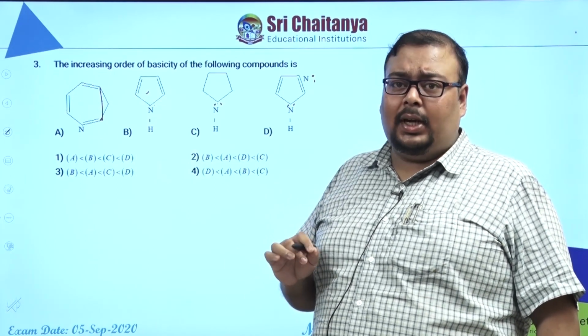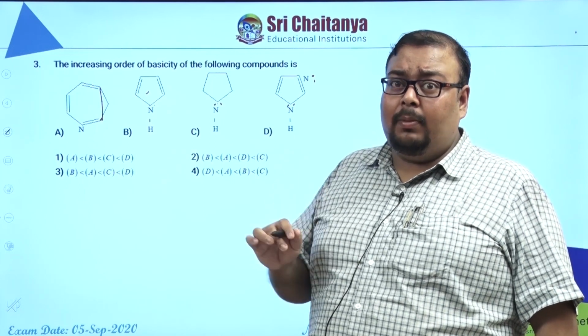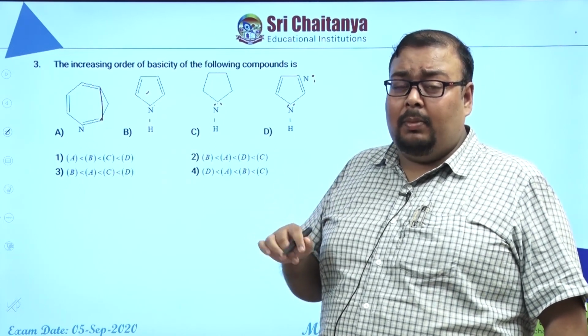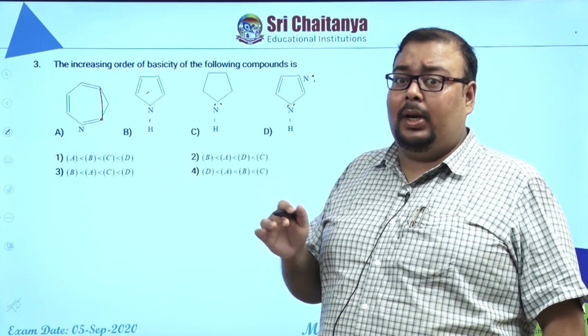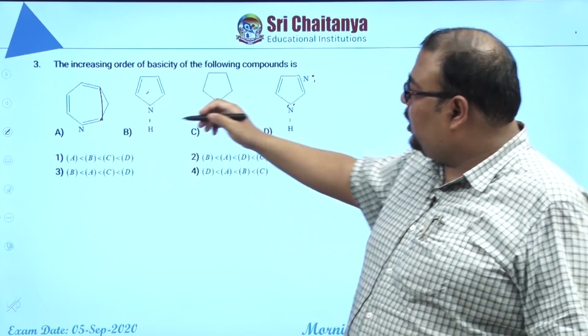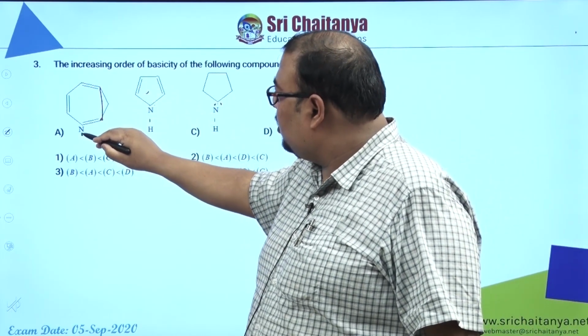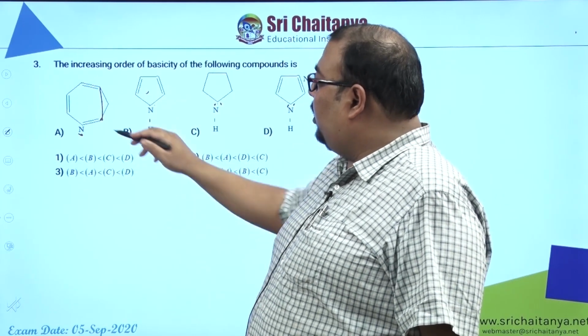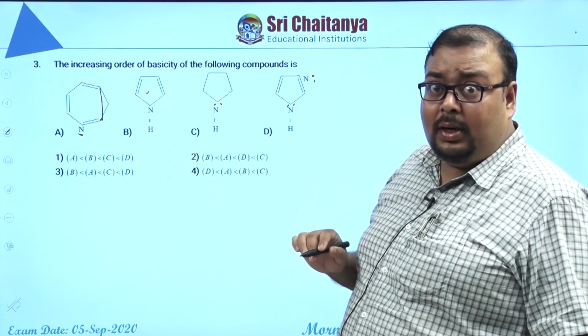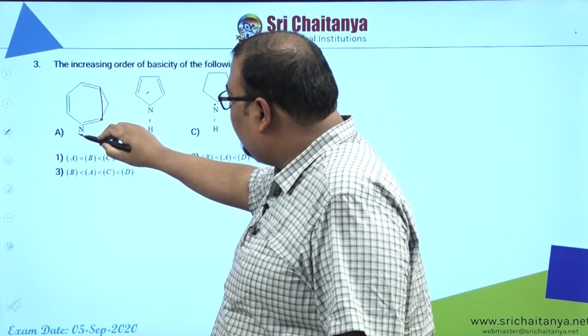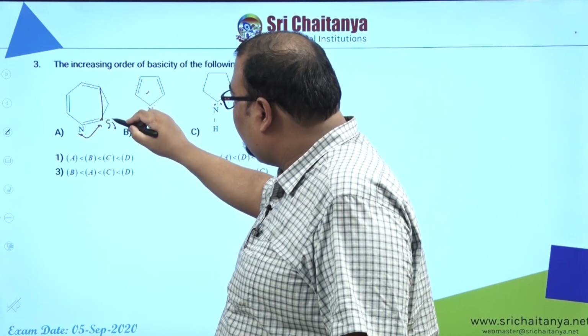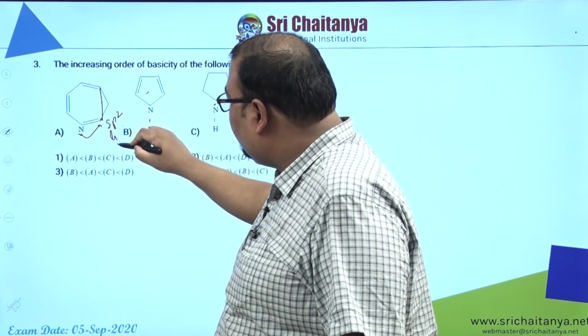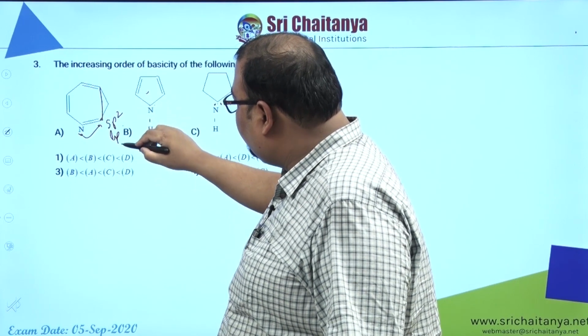So first we have to check in which case the lone pair is delocalized, because in that case the basicity will be very less. Now, the pyridine lone pair is localized in an sp2 orbital.